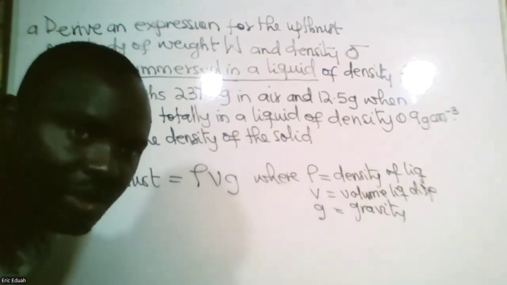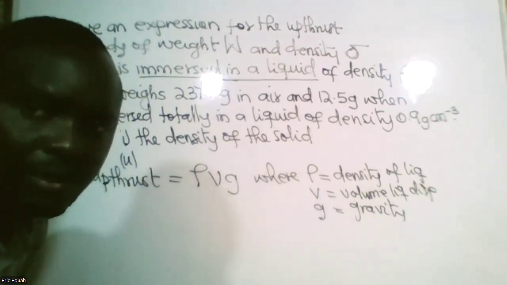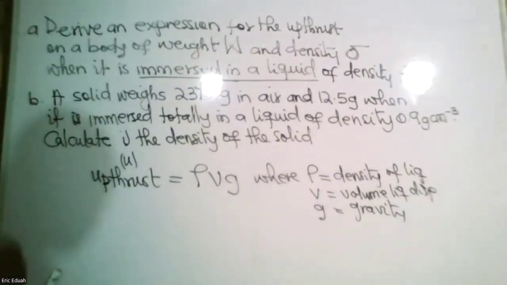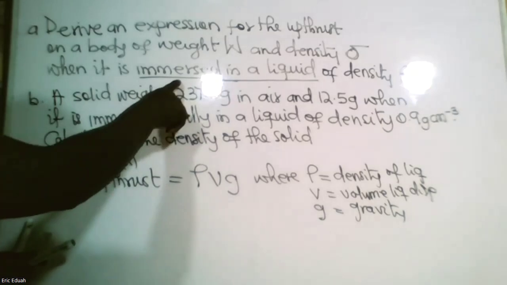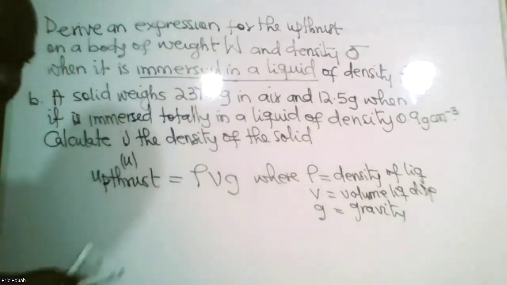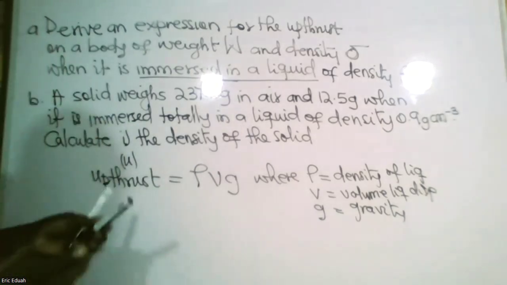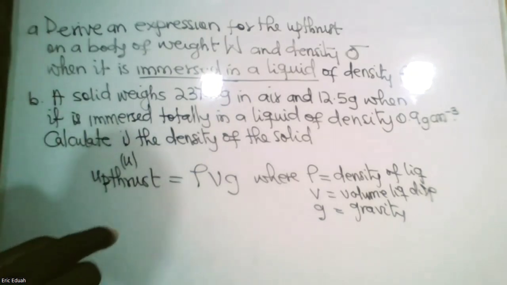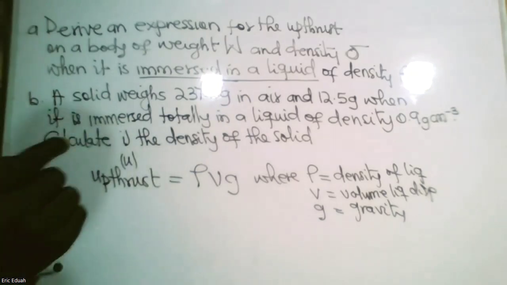So the volume of the object becomes the volume of the liquid displaced if it is immersed fully. We are not told that it is partially immersed, meaning the whole volume of the object is immersed within the liquid.